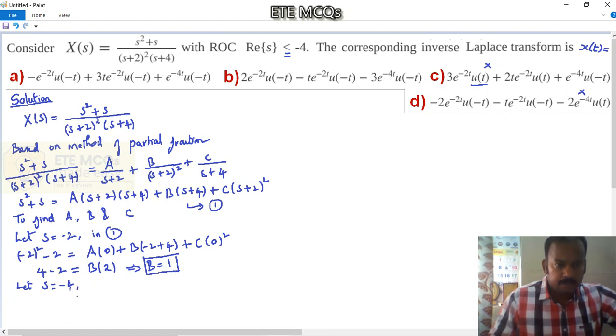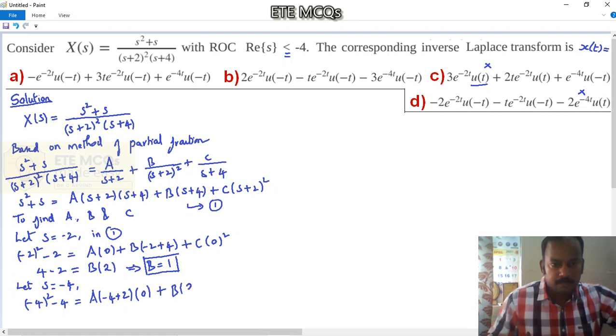When s is equal to minus 4, you get minus 4 the whole squared minus 4 is equal to A into (minus 4 plus 2), minus 4 plus 4 for the second term becomes 0, plus B into 0, plus C into (minus 4 plus 2), which is minus 2 the whole square.